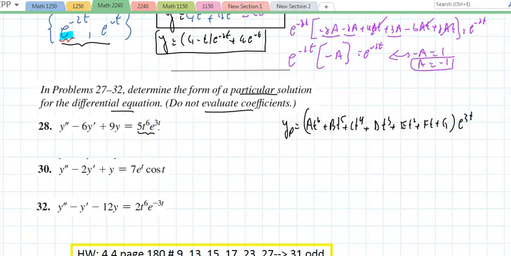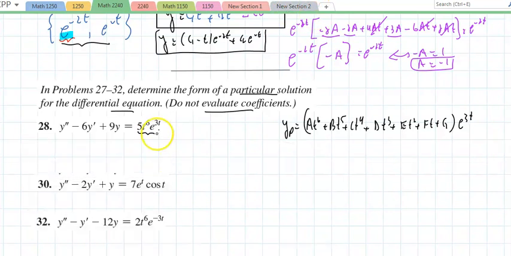Why do I say so far? Because I need to figure out if that is part of the particular solution or the homogeneous solution. They just want us to list the particular solution, but we have to set this equal to 0 and let y equal e to the rt.